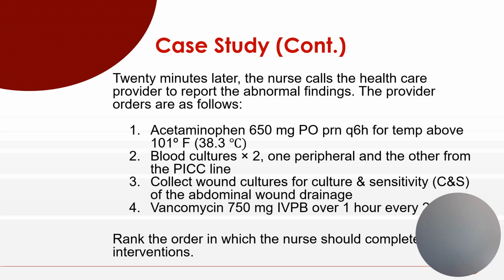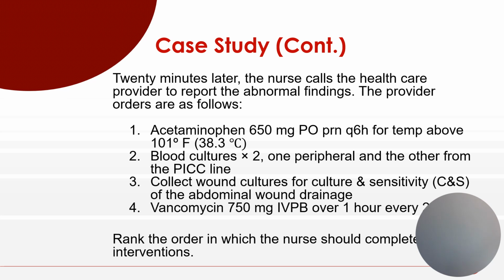Now we need to rank the order in which the nurse should complete these interventions. As we look at this client, it's very possible this client is developing sepsis. Not only do they have the infection, but now they've gone septic. So according to the Surviving Sepsis Campaign of 2019, we have to do an hour one bundle for sepsis.